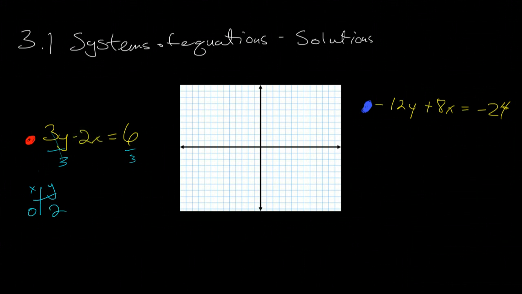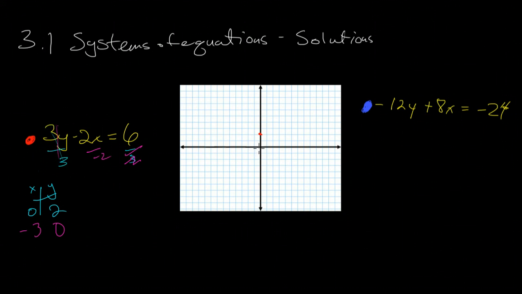So I'll put a point at 0 and 2. 1, 2. I'll put a point there. And let's try when y is 0. So those cancel, and I have to divide now by negative 2. And so then when y is 0, x is negative 3, is it not?